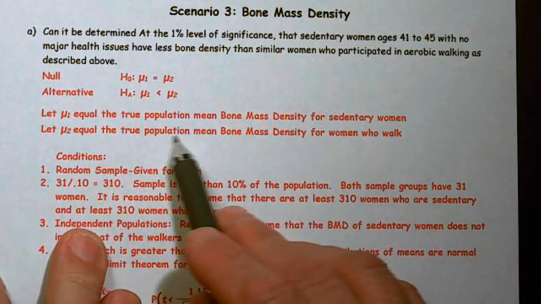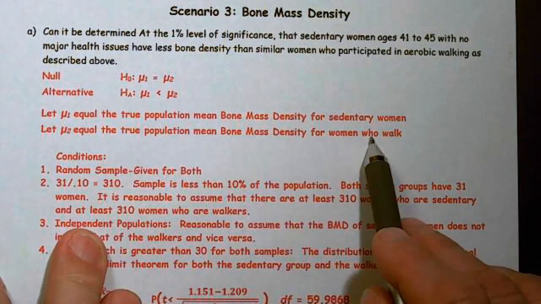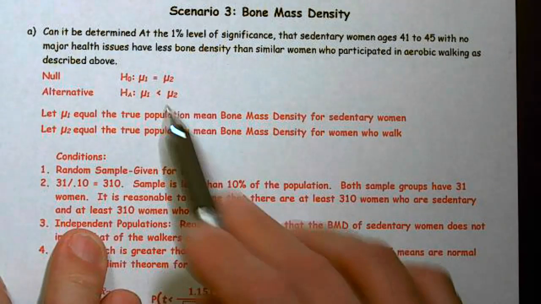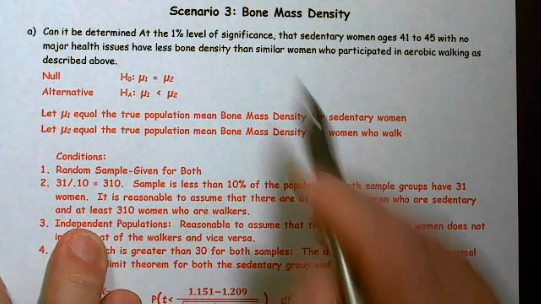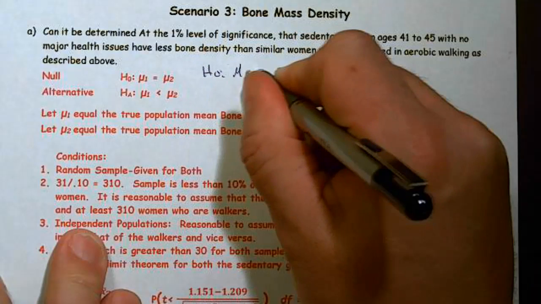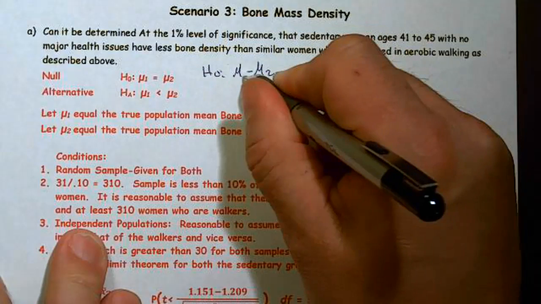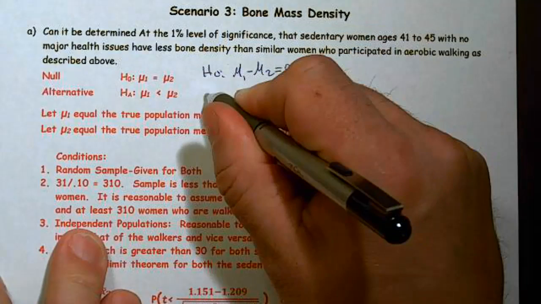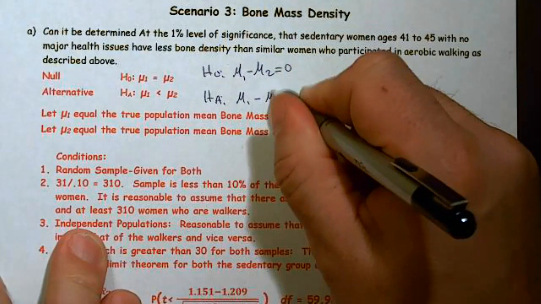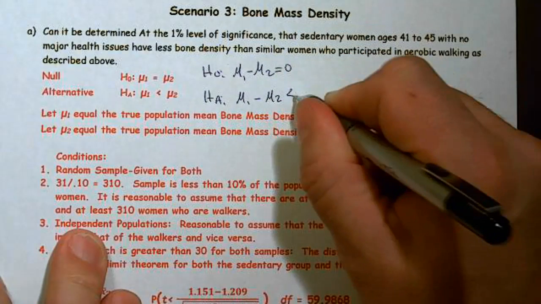Mu2, the true population mean bone density for women who walk. So basically I'm saying density for sedentary is less than density for walkers. You could have also expressed it as mu1 minus mu2 equals 0, and the alternative in that case would be mu1 minus mu2 is less than 0.